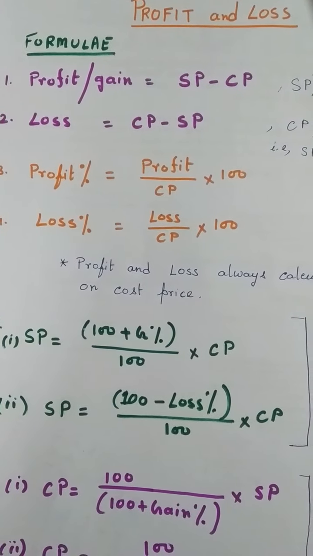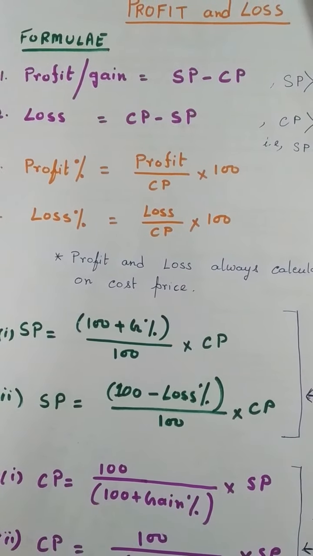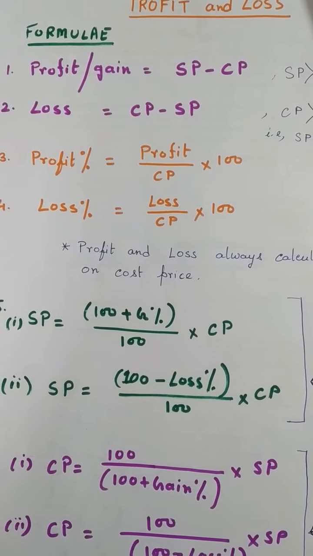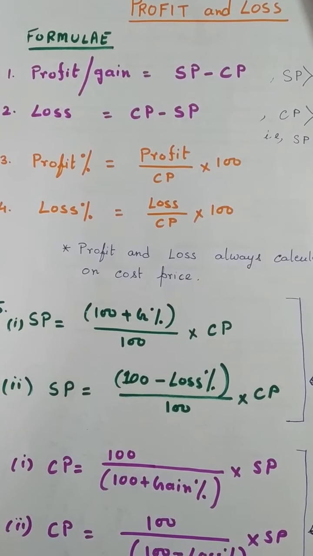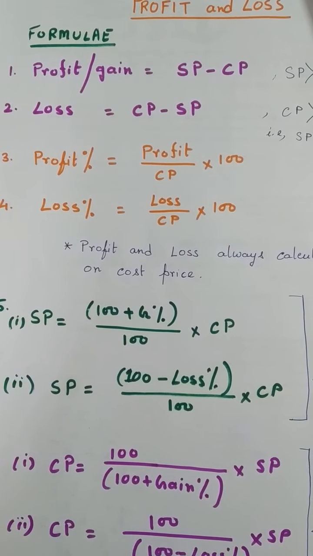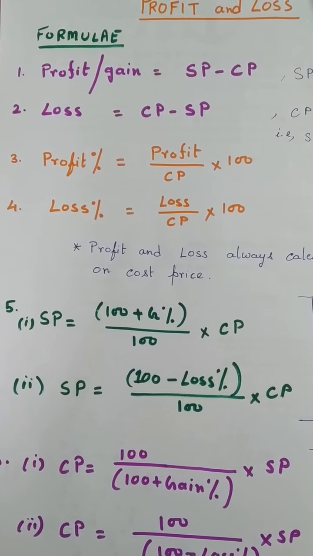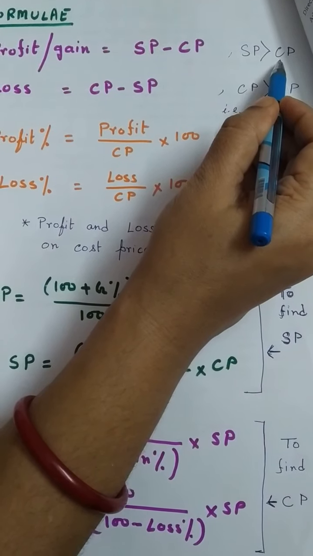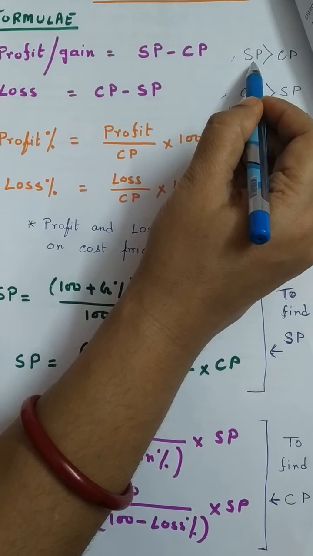Suppose a man buys an article for rupees 40 and sells it for rupees 55. Buys for rupees 40, that means 40 is the cost price, and sells for rupees 55, that means the selling price is rupees 55. Now, selling price is greater than cost price. 55 is greater than 40.